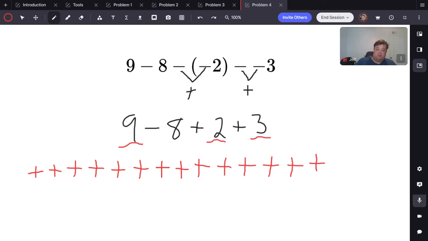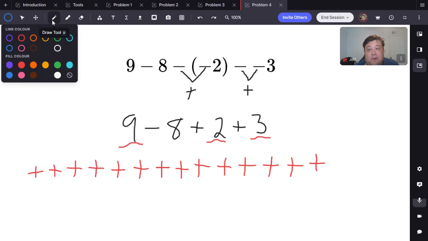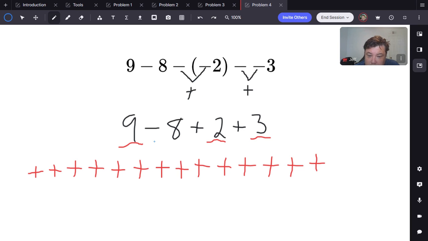So that should be 14 total positives. Now we're going to look at our negative number, right? That says minus 8. We can just treat that like a negative number. So that's going to be 8 negatives: 1, 2, 3, 4, 5, 6, 7, and 8.